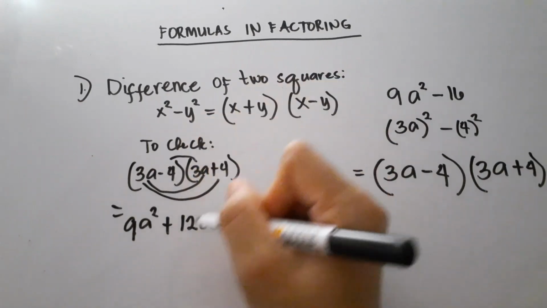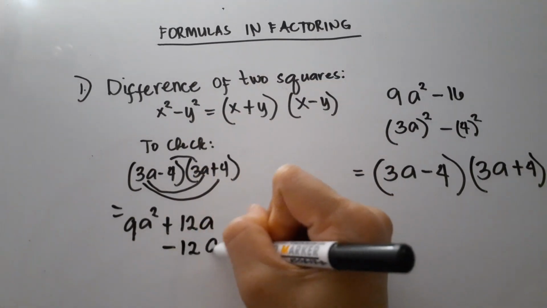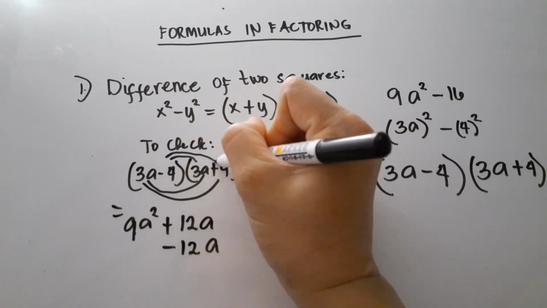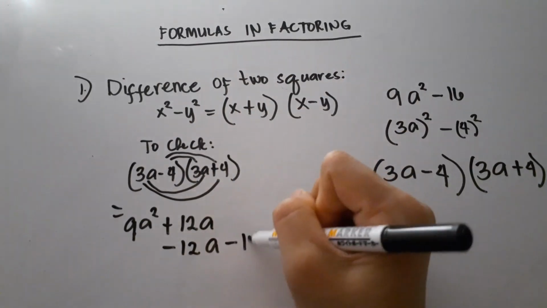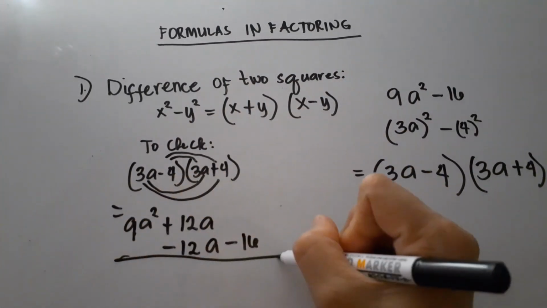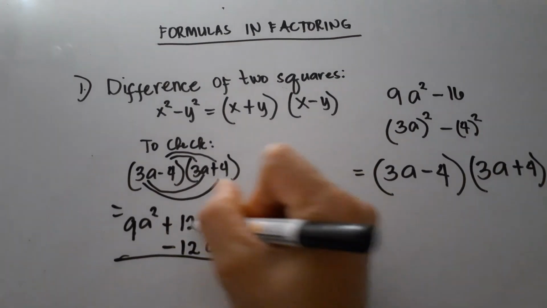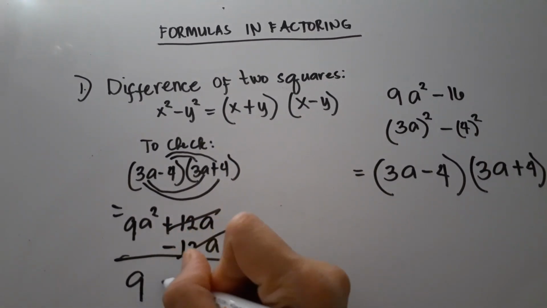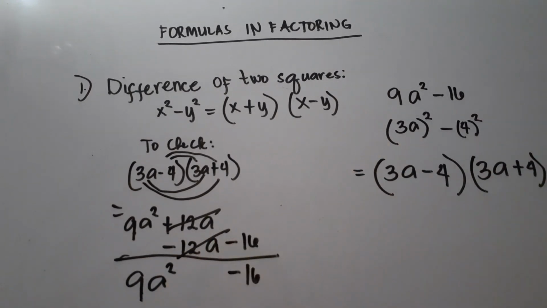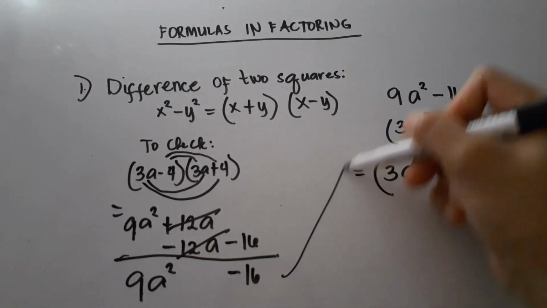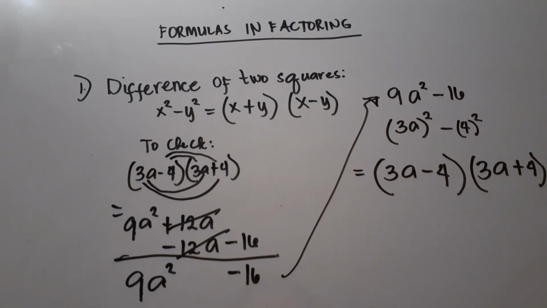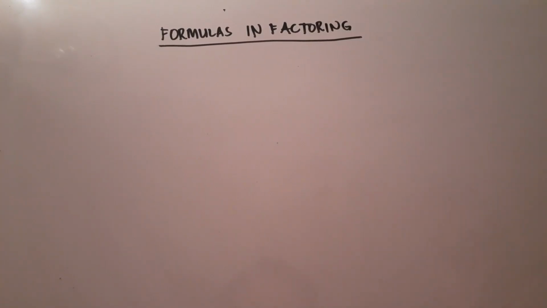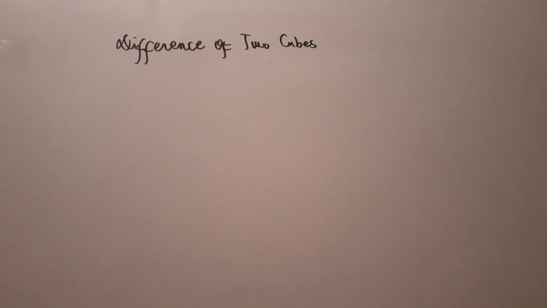Then negative 4 times 3a becomes negative 12a. Negative 4 times 4 becomes negative 16, and the 12a terms cancel out. The remaining is 9a squared minus 16. Therefore, our answer is correct, which is our factors 3a minus 4 and 3a plus 4. And that's the answer.